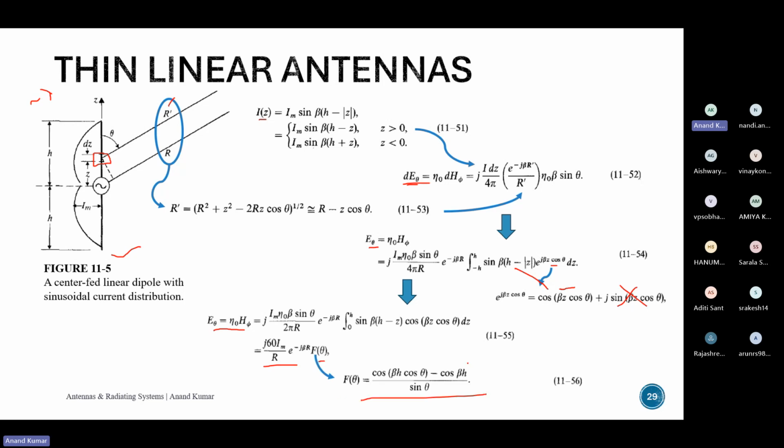This function is the E-plane pattern function of the linear dipole antenna. In the previous class also we were looking at E-plane pattern functions, and this expression is the E-plane pattern for the linear dipole antenna. I'll again pause on this slide. We are summarizing what we have done so far.